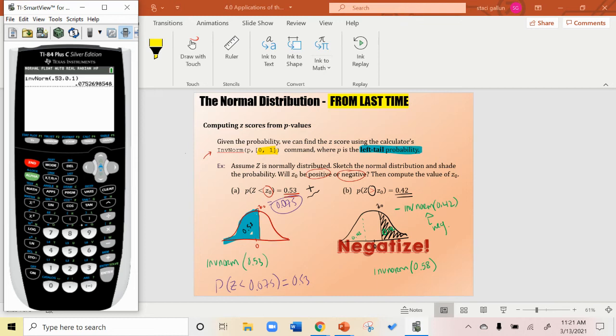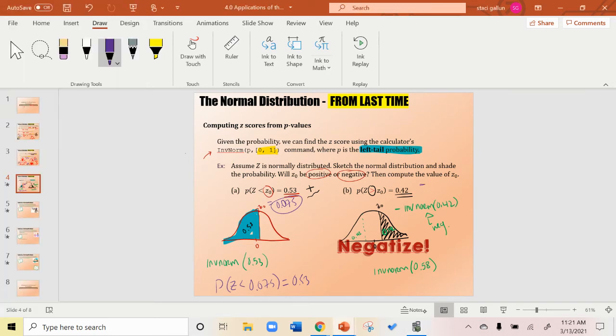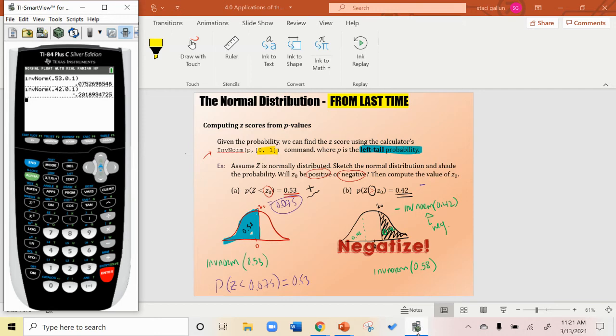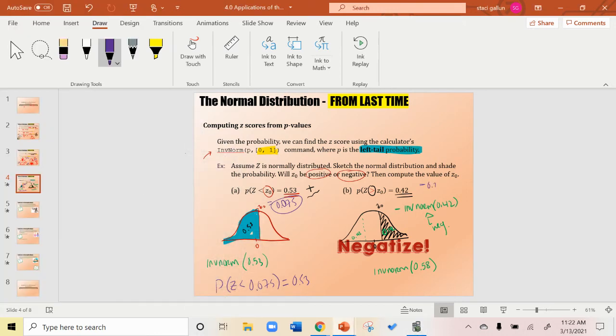Over here, I'm going to go ahead and do second distribution 3 again. And if I go ahead and type in 0.42, you're going to get a negative value. Right? I get negative 0.202. So I can remember that, no, that's over here. I want to look at the other side.